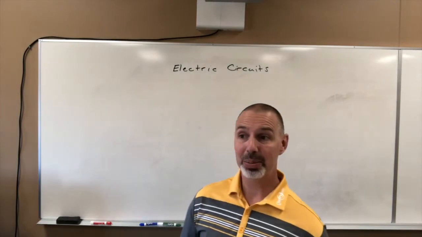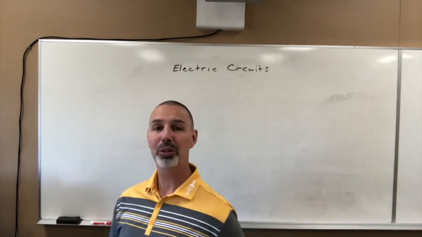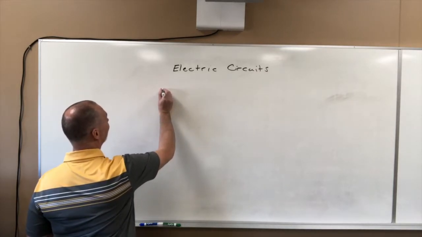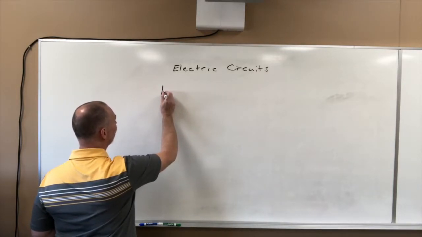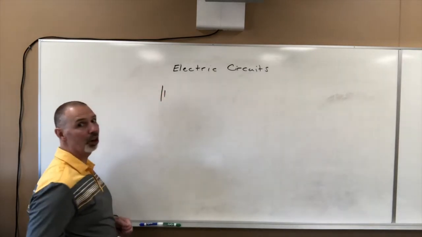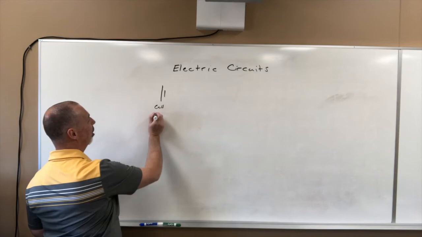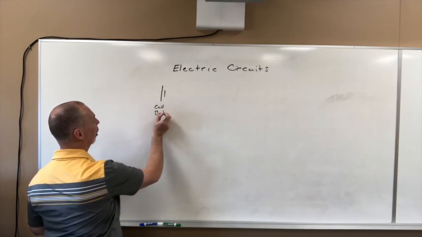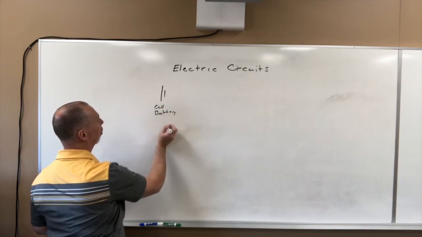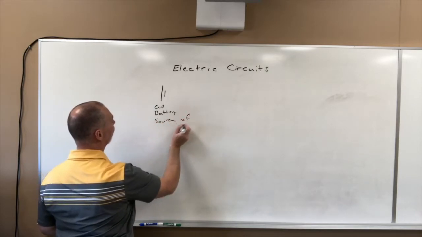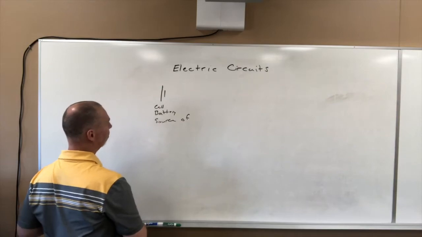And we're just going to draw some key ones here on the board now, some symbols that we're going to use. And so the first thing is that we have a long bar and a short bar. This is a cell, otherwise known as a battery or some source of electric potential.